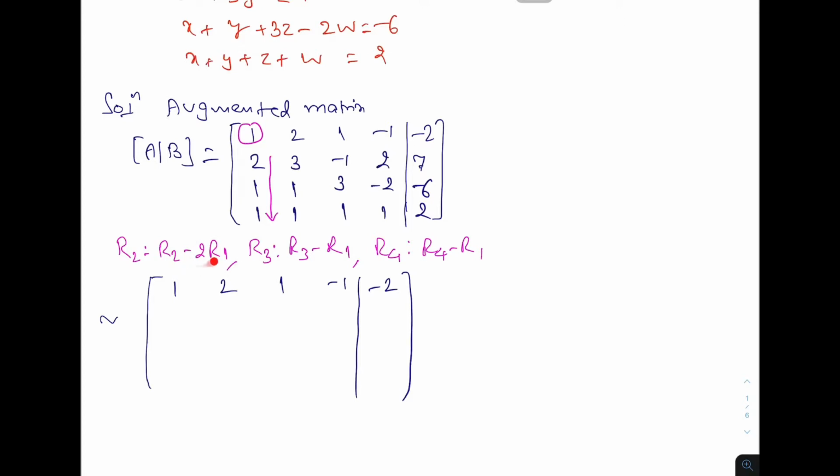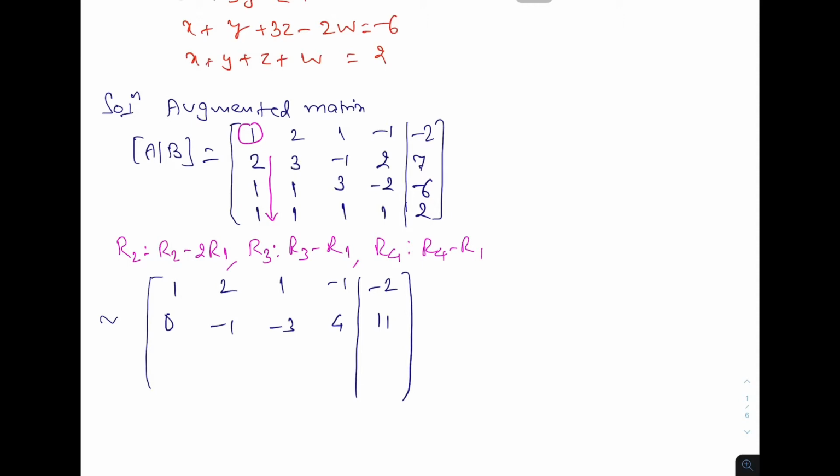Here we multiply the first row with minus 2 and add to the second row. So minus 2 plus 2, that is 0. Now minus 2 multiplied gives minus 4, and plus 3, that is minus 1. Then minus 2 multiplied here, so minus 2 minus 1 is minus 3. Then minus 2 multiplied here, so 2 plus 2, that is 4. Then minus 2 multiplied here, 4 plus 7, so that is 11.